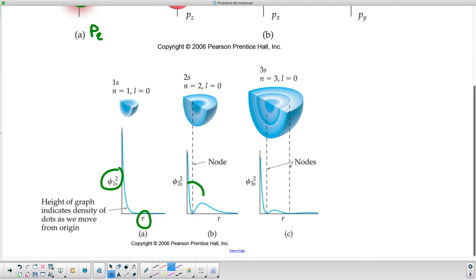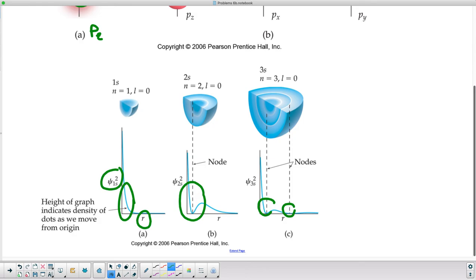And at these places here, here, and here, we would expect them to be there 0% of the time. So what information is obtained from the radial probability functions? On 6.18, all you have to worry about is that there are no nodes, or places where we would not expect to find electrons, in the 1s, but the 2s has one node and the 3s has two nodes. It's almost like a repeat of the first question.